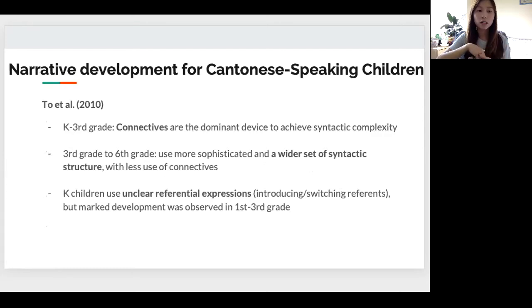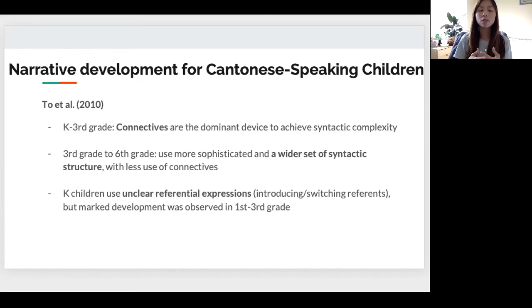They suggested a general trend of narrative development for typically developing Cantonese children. They found that for children who are in kindergarten to 3rd grade, connectives are the dominant device to achieve syntactic complexity. Kindergarten children also tend to use unclear referential expressions, as characterized by not introducing or switching referents throughout the story.